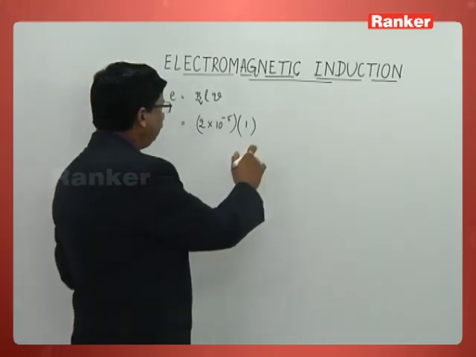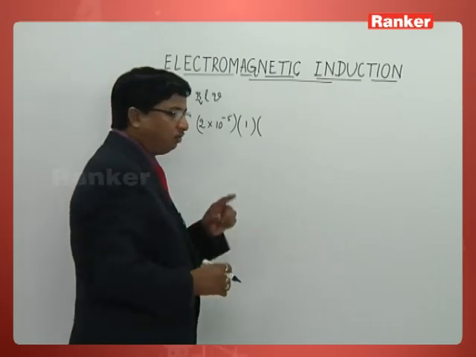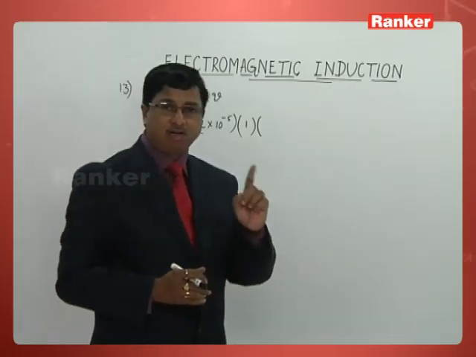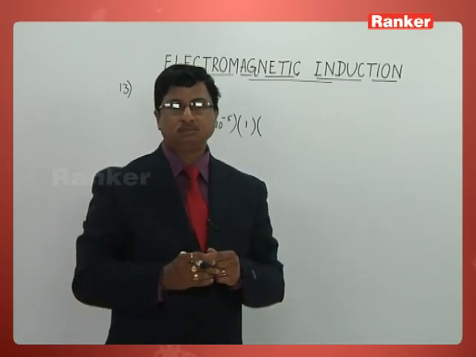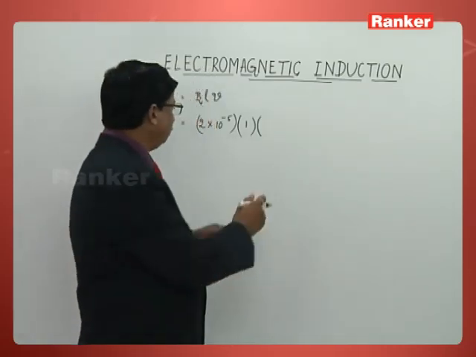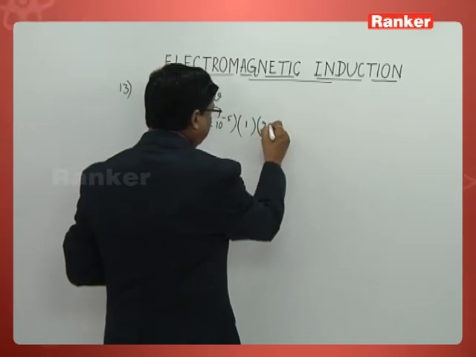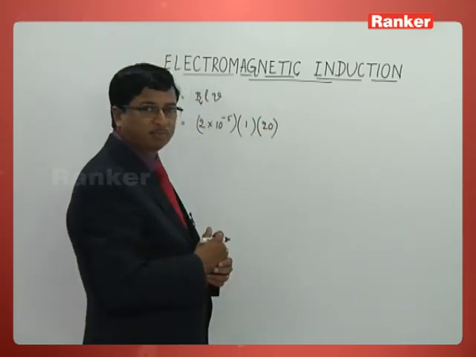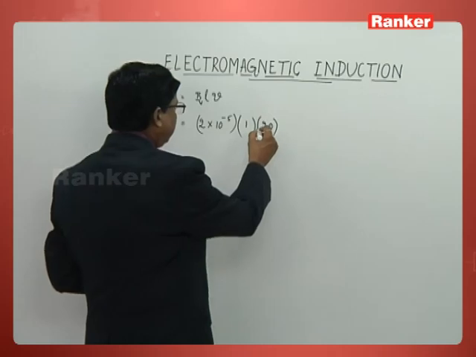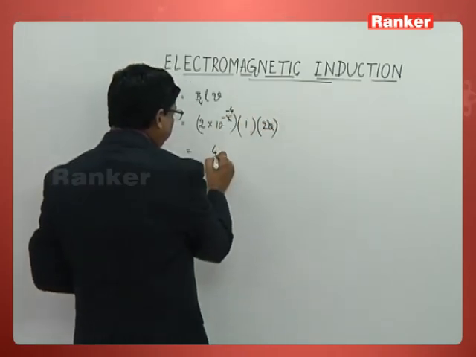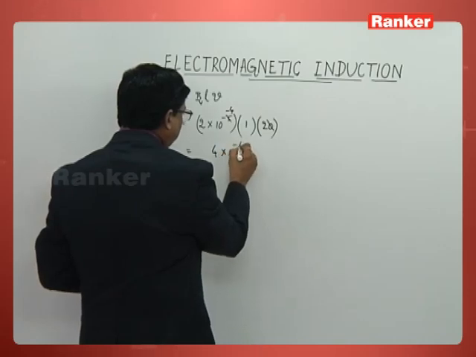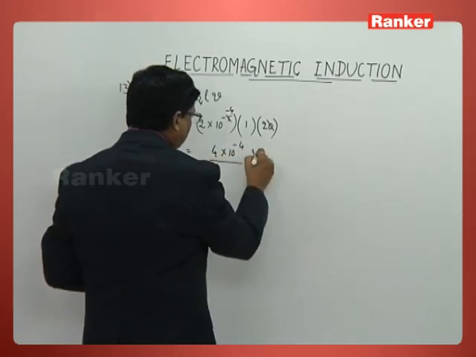So you can understand with what velocity that train is now running on the track. He gave 72 km per hour. In fact, every one of us knows it's 20 meter per second. So you can directly cut this one over here minus 4 times. So 4 into 10 power minus 4 volt.